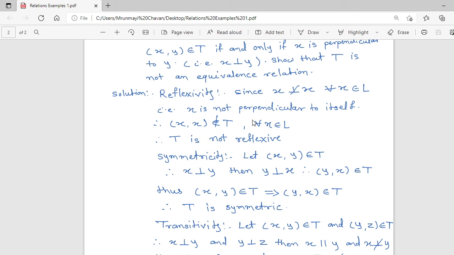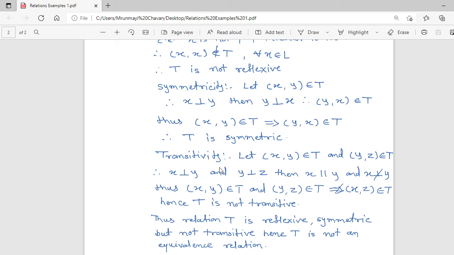So, for reflexivity, since every straight line is not perpendicular to itself, therefore (x,x) does not belong to T for all x belongs to L. Therefore, T is not reflexive.